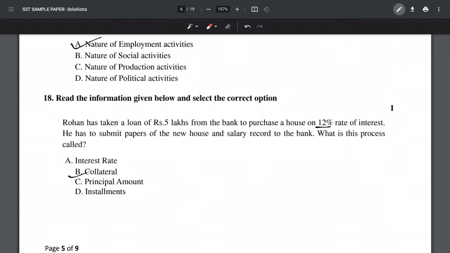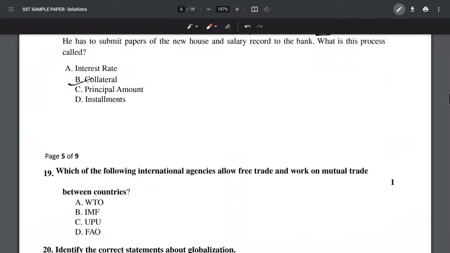Obviously, that's known as collateral. Collateral is what you give when you're taking a large loan from a bank for a house or something. How does the bank know that you're buying a house and not running away with the money? So that's why they take the papers of the house. It's taken as collateral, and when you repay, they will give you back the papers. All right, let's see ahead. So, collateral is the answer.